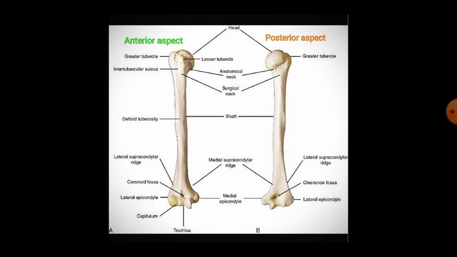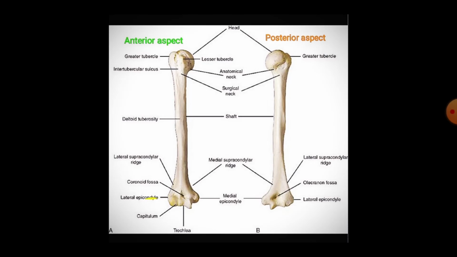Now, below the deltoid tuberosity, this is the lateral supracondylar ridge on the lateral side and this is the medial supracondylar ridge on the medial side. This is the coronoid fossa and this is the radial fossa. The coronoid fossa is just above the trochlea, and the radial fossa is present just above the capitulum.